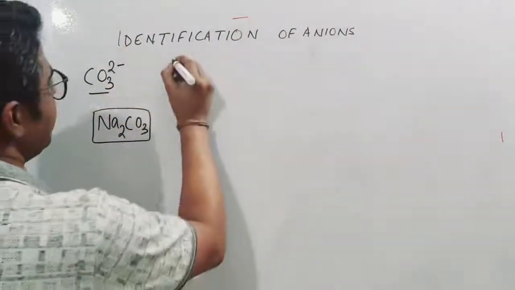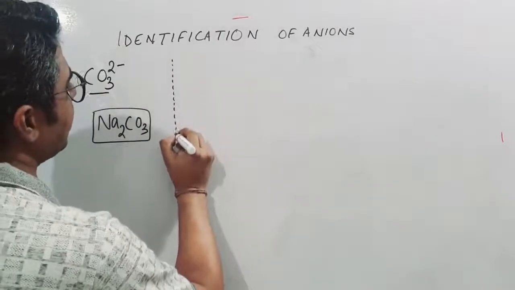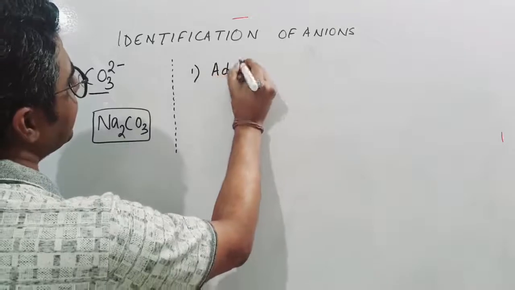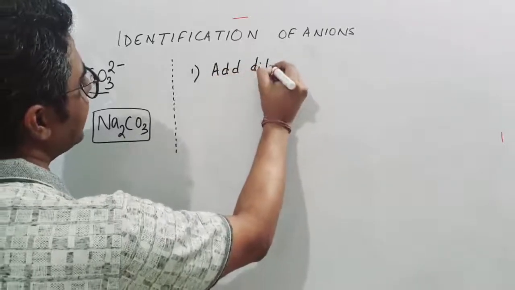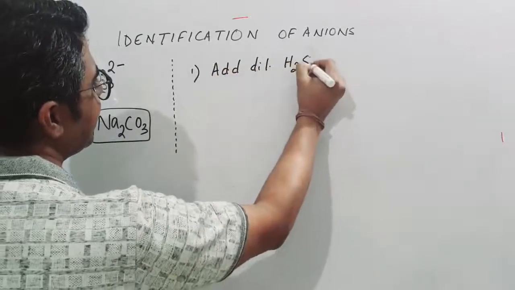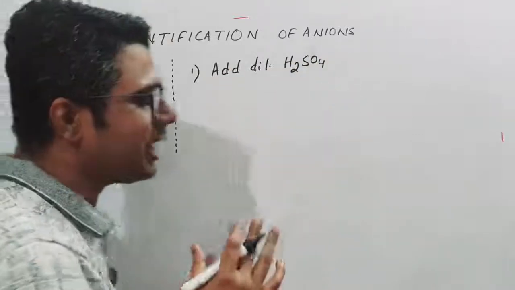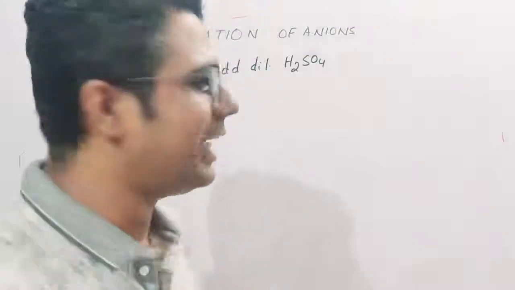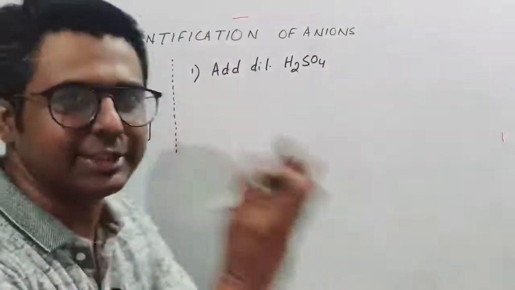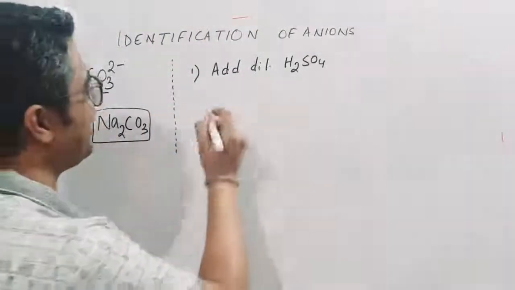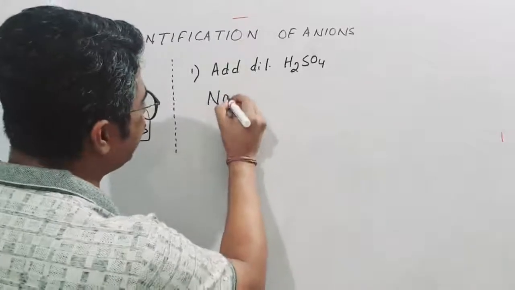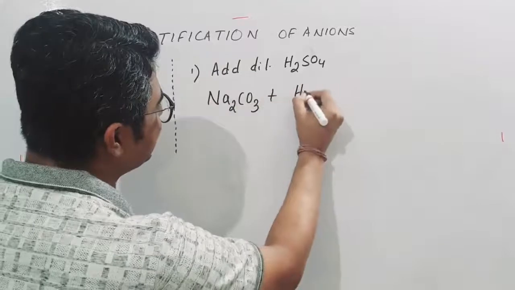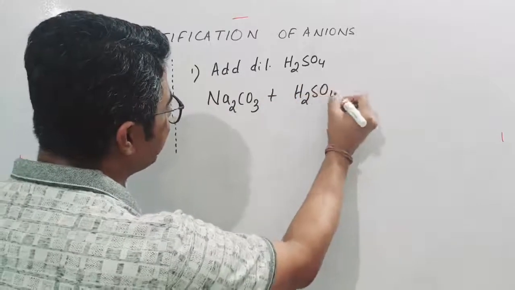So how? First of all, in the salt I will add dilute H2SO4. Whenever we are talking about dilute H2SO4, remember it's an acid, and if this is a carbonate, let's just assume, then Na2CO3 will react with H2SO4, and what should it form?